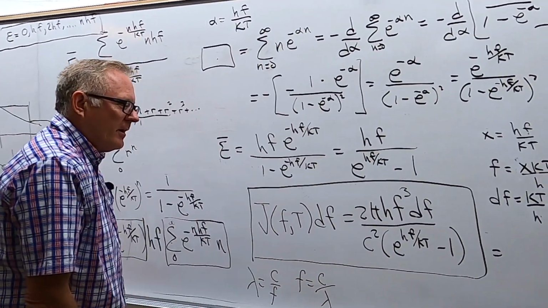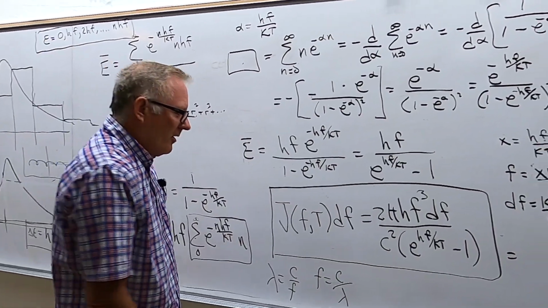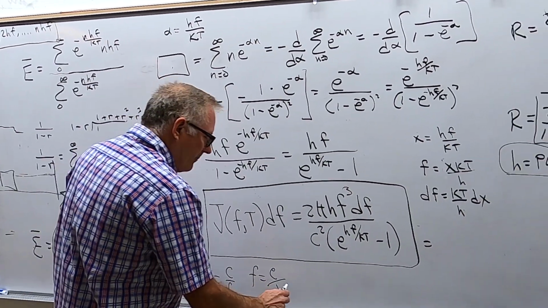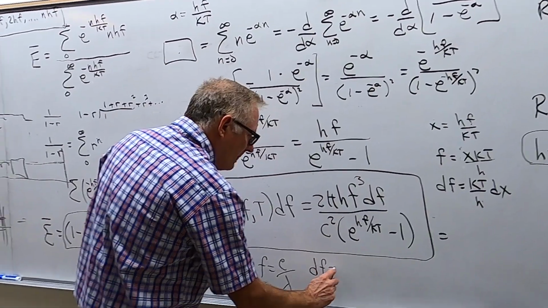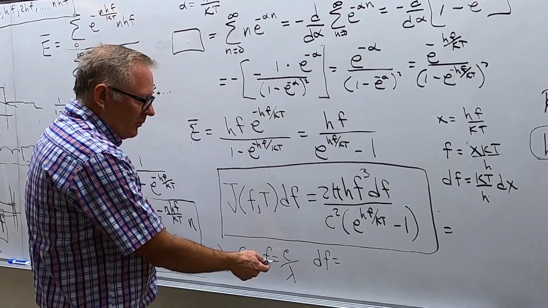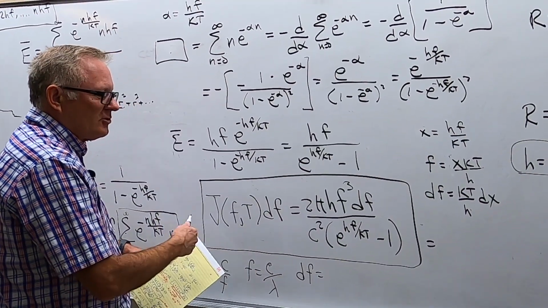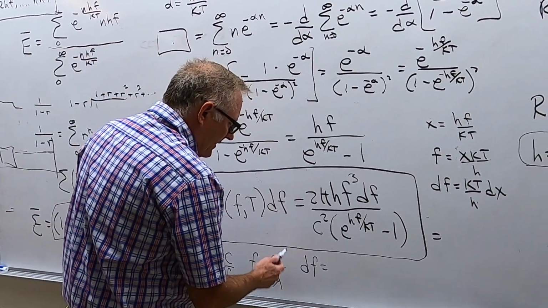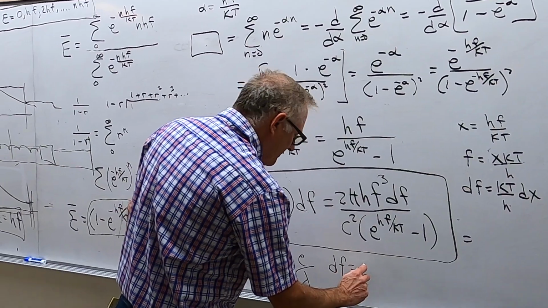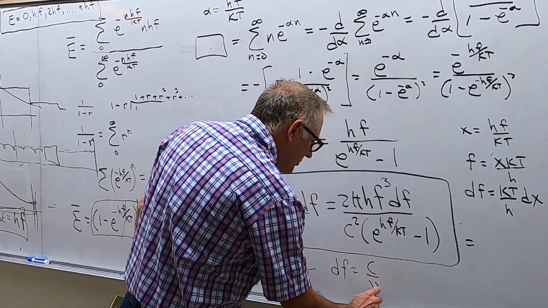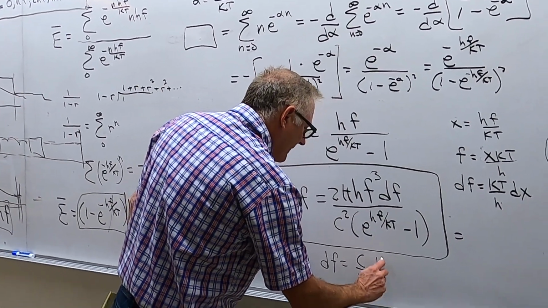So every place you see an f, replace it with this, and every place you see a df, you're going to replace it with, you don't need to worry about the minus, I just told you the direction of it, but the magnitude would just be c over lambda squared d lambda.